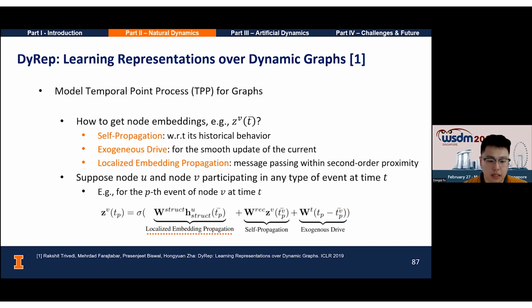And also, please note that for the TVP bar, there is also another time step called TP bar, which is responsible for the localized embedding propagation. So this part is more complicated. We will introduce it in the next slide.